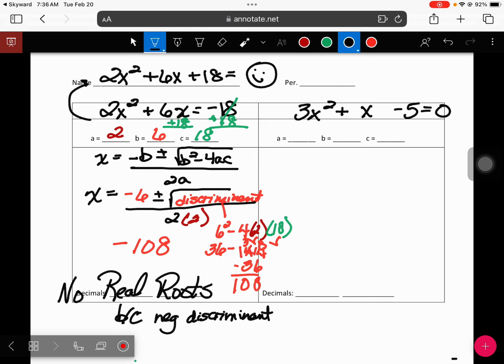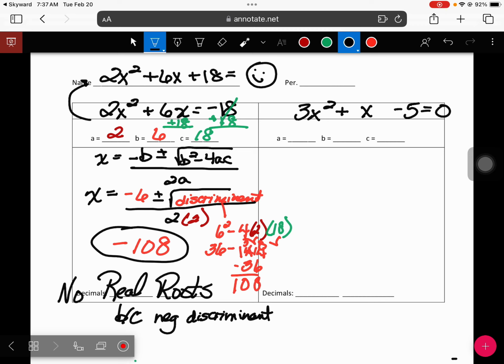So what would the graph of this look like? Is it going to go up or down? Can you tell? Why down? What's negative? Your discriminant is negative, but look at your A value.